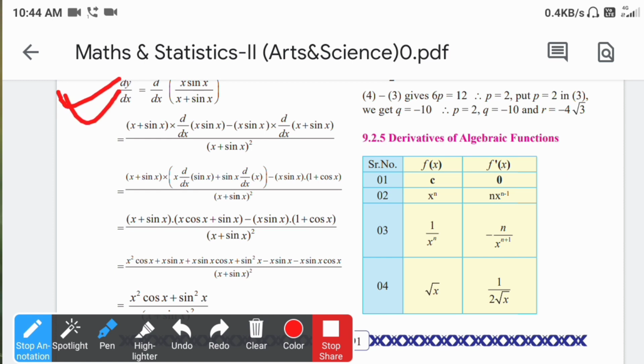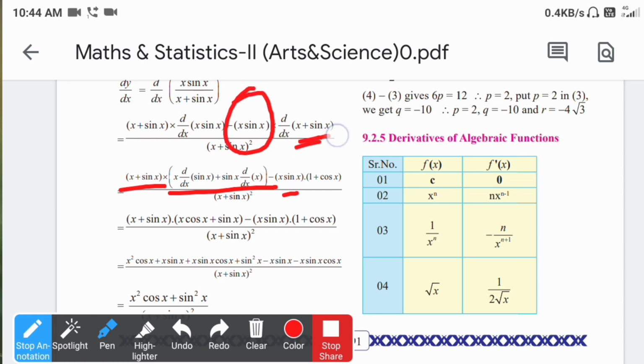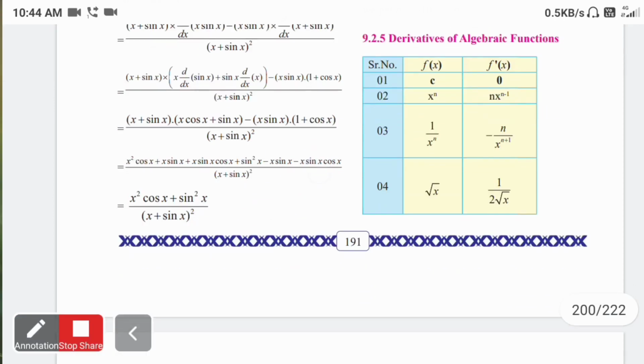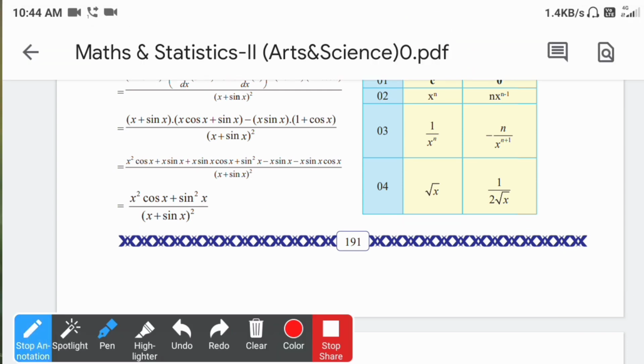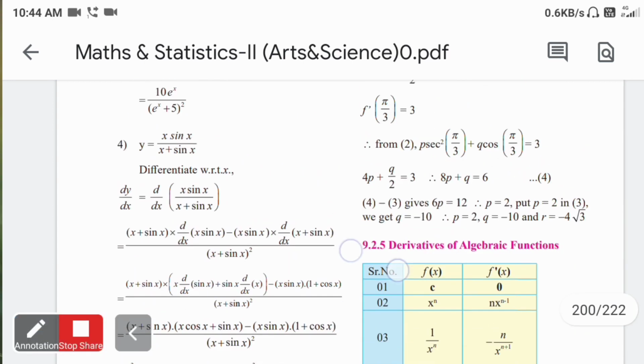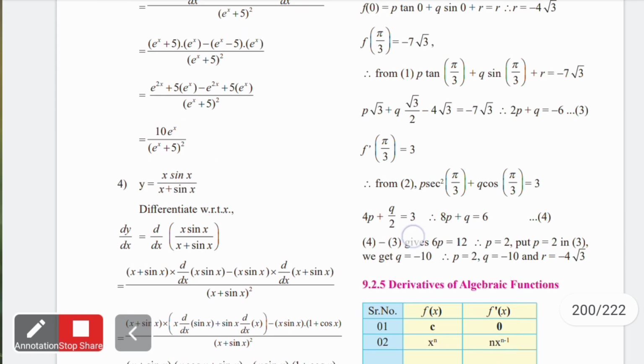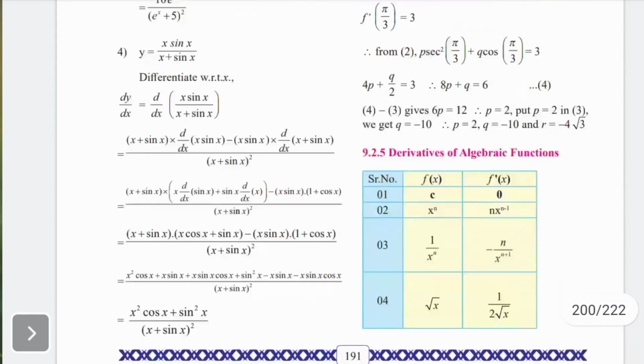You can see here that first we have solved this x plus sin x into the derivative of the whole function, minus this which will remain as it is, into the derivative of this. The derivative of this comes out to be 1 plus sin x, divided by v square. Upon simplification, that is bracket multiplication and cancelling common terms, we get the final answer as this.